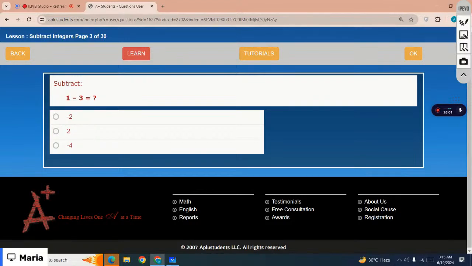You are subtracting a greater number from a smaller one. You cannot do that, right? You have only one pencil. How can you give three pencils to someone? So 1 minus 3 would be -2. That's a loss. 3 is the greater number, so the answer must have a negative sign.